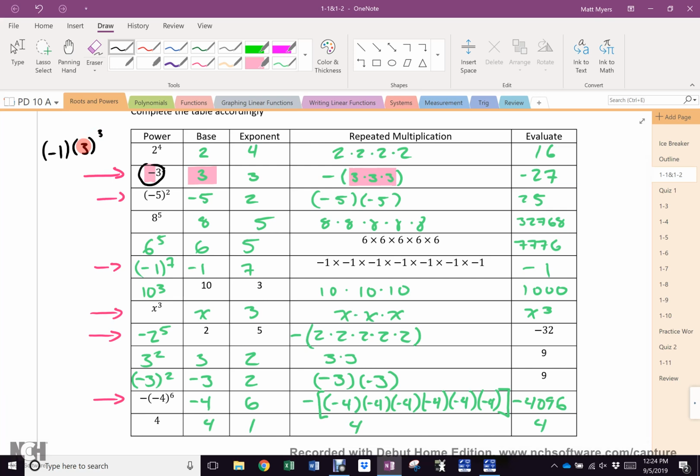No. Because if you do -3 times -3 times -3, then the negative is repeated. You will get the same answer, but that is not what this is because there's no brackets. Understand? If this was written like that, then it would be this. Cool?